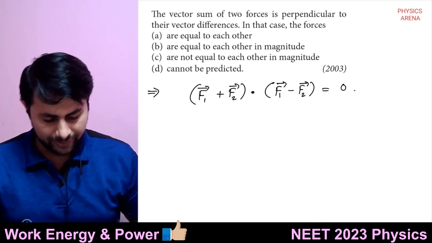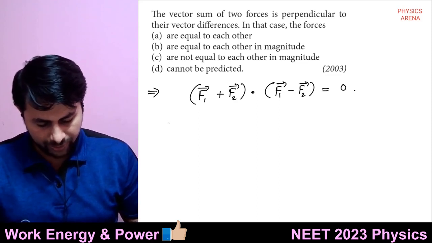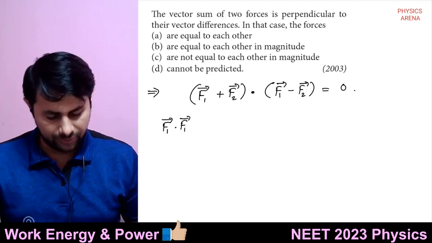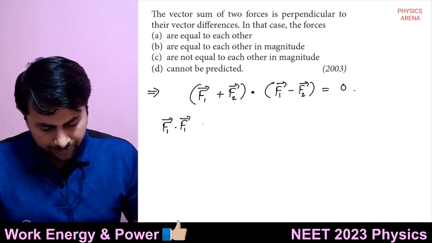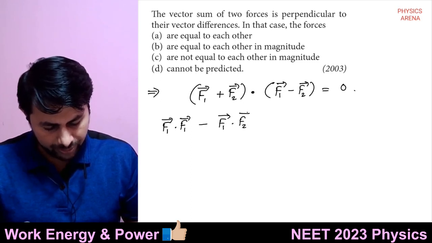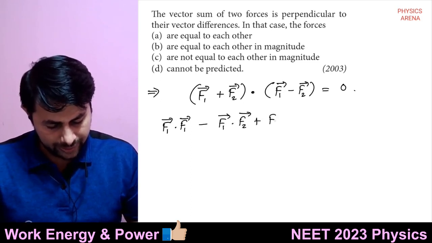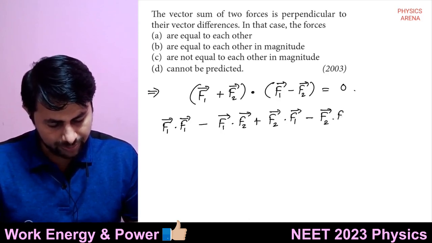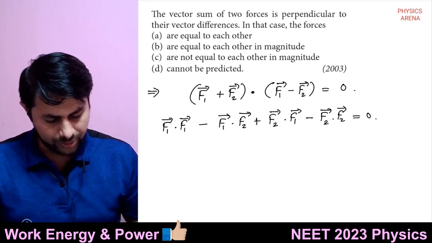Now let's multiply. It is f1 bar dot f1 bar, so this is f1 square, minus f1 bar dot f2 bar plus f2 bar dot f1 bar, and minus f2 bar dot f2 bar. This is equal to 0.